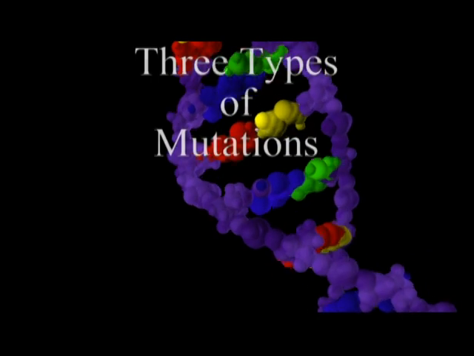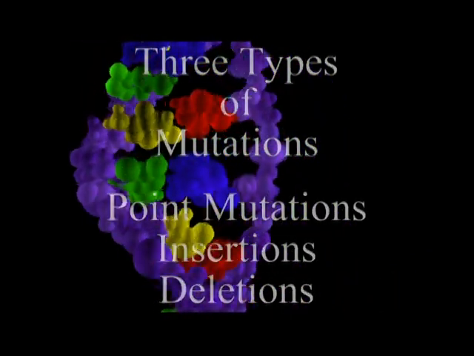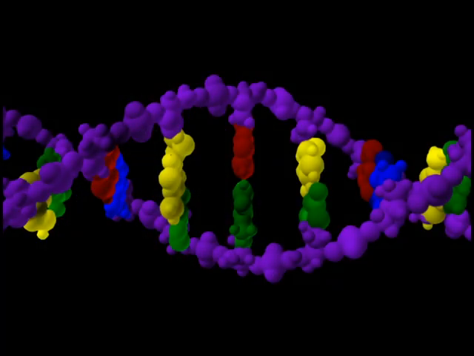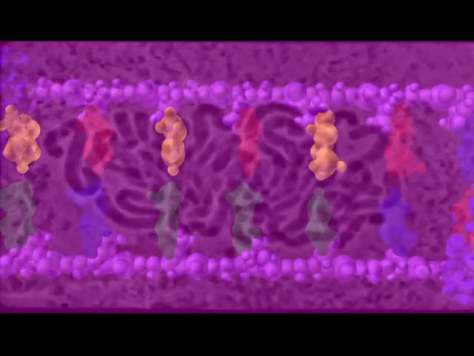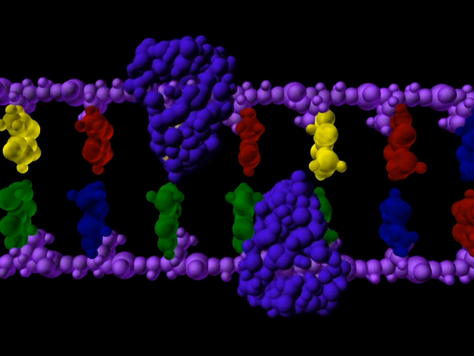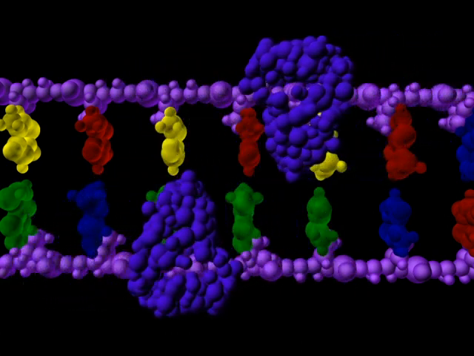There are three basic types of mutations: point mutations, insertions, and deletions. Occasionally, during replication, in spite of all the proofreading and corrections, a mismatched base pair in one of the chromosomes, as for instance an adenine base pairing with a cytosine base, goes unnoticed, and the cell proceeds with either mitosis or meiosis. Repair enzymes in the daughter cell that received the mismatched pair notice the mismatch and proceed to correct it.